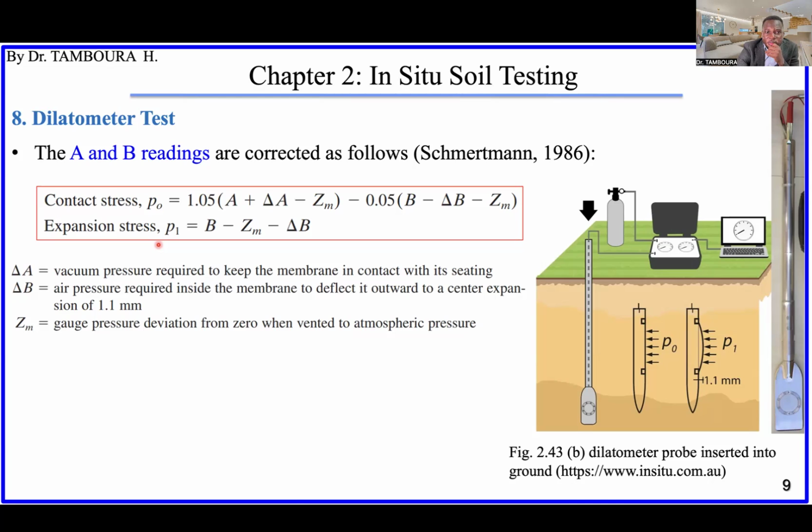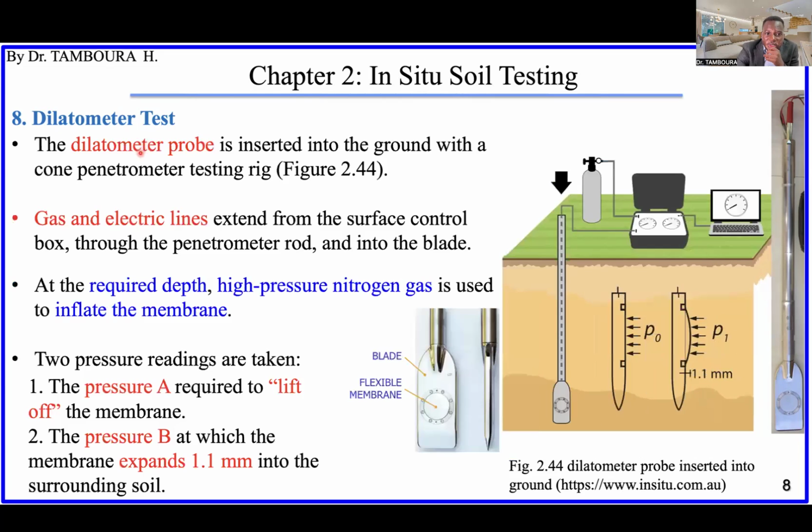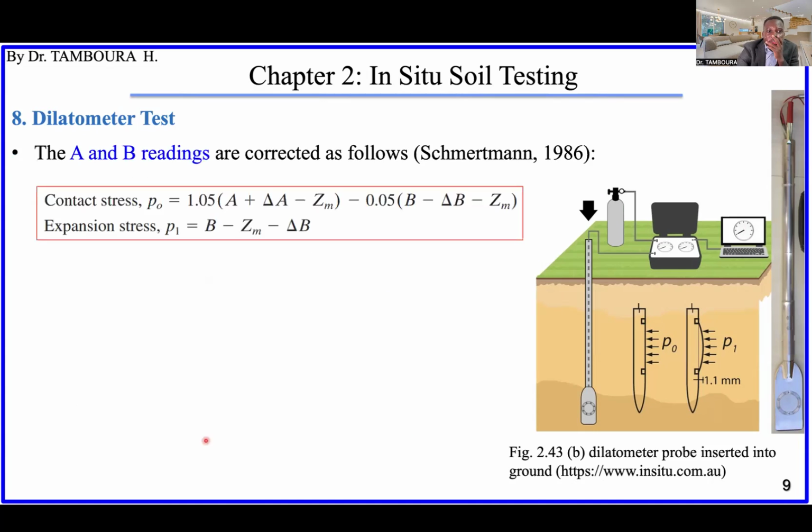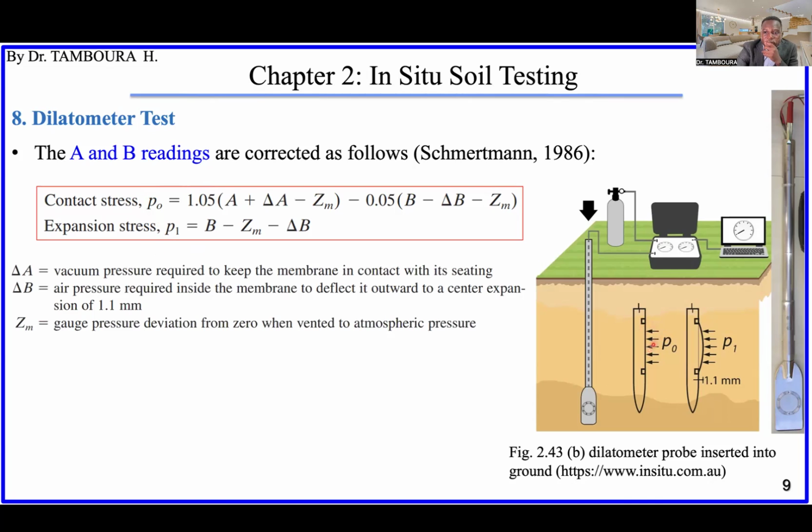Okay, please don't forget that A and B are the first measurement you will do here. Okay, this P0 and P1 are just correction of this A and B. A and B are already explained here. Pressure A, pressure B. What you will measure, pressure A and pressure B. And then you correct this pressure A and pressure B like this. Okay, pressure 0 and pressure 1.